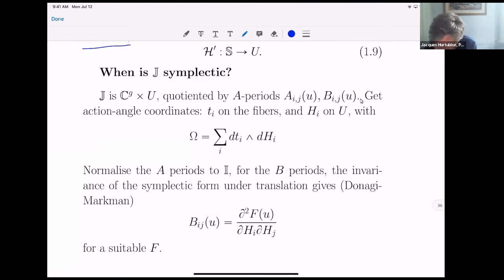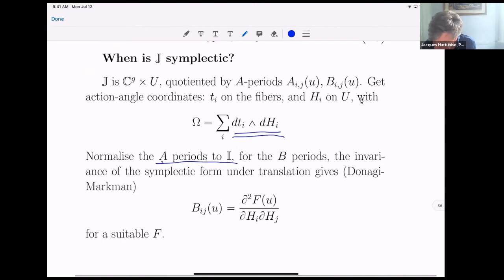So what you can do here is just normalize half of the periods, the usual A periods of a Riemann surface. So you normalize the A periods to 1, the B periods are still left floating, and then the symplectic form takes a standard form.